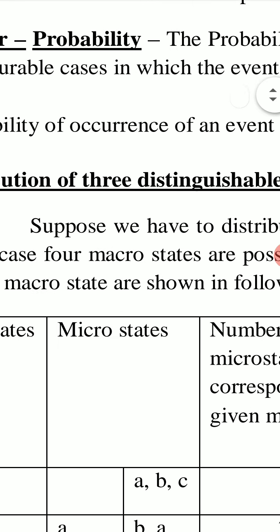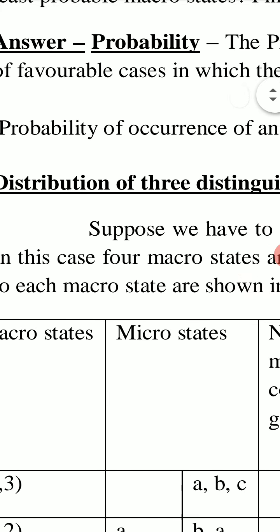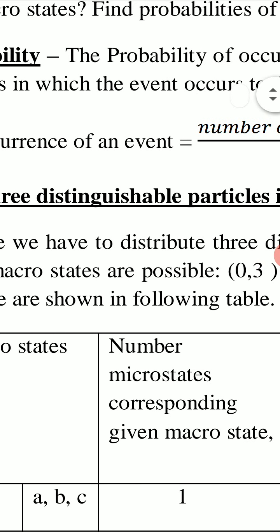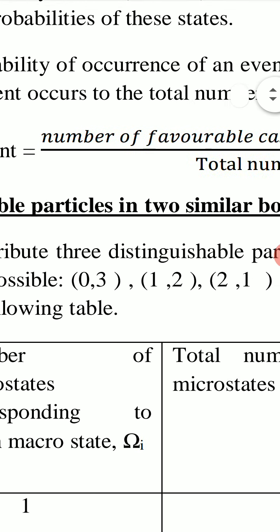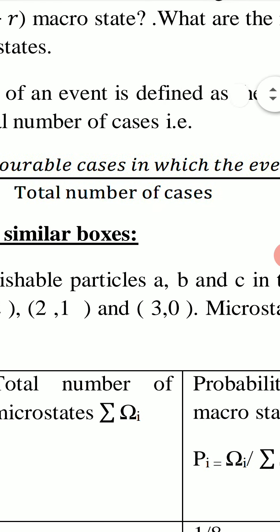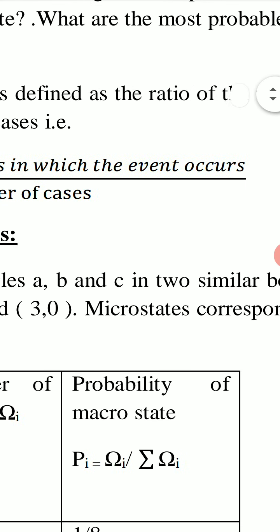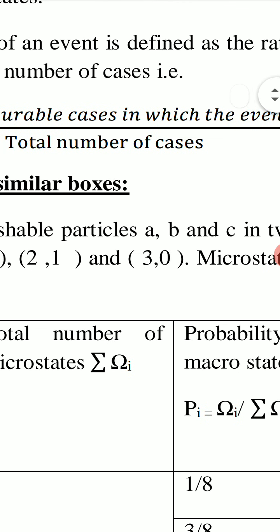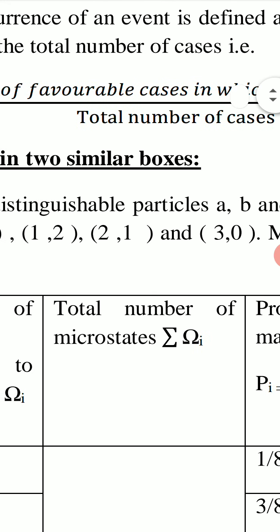So, this is the definition of probability. Probability of occurrence of an event is equal to this ratio: number of favorable cases in which the event occurs divided by total number of cases.